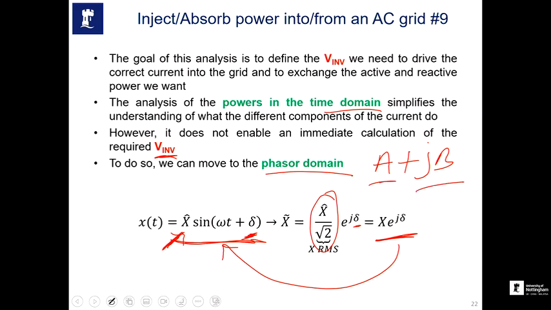You can write that from this equation as well: e to the power j delta is basically cos delta plus j sine delta. So if you use this formula, you can go from this representation of the phasor to this representation of the phasor. Is it clear? Any questions so far?